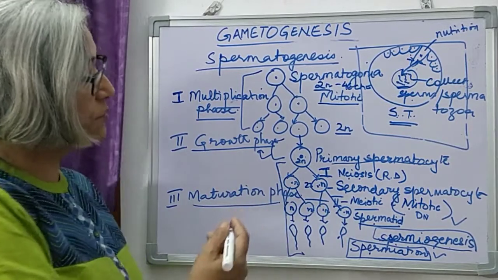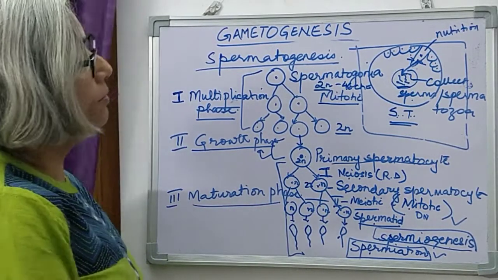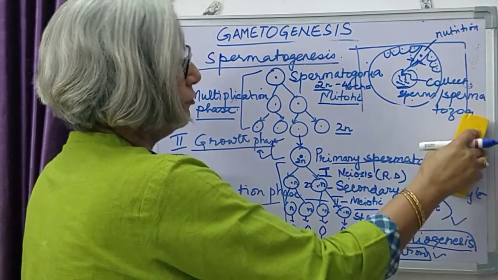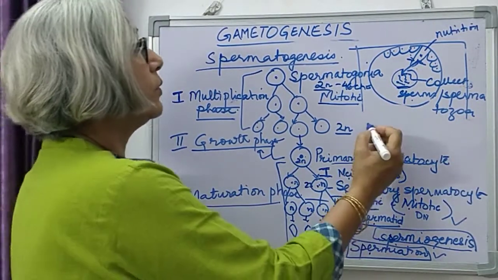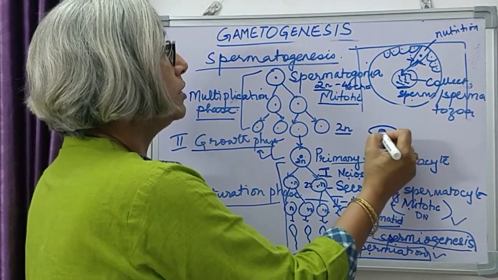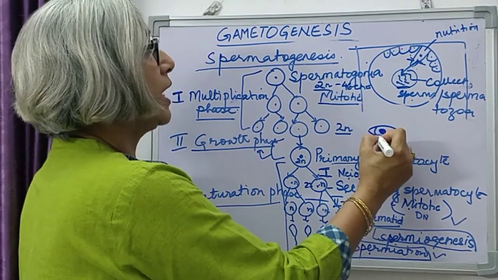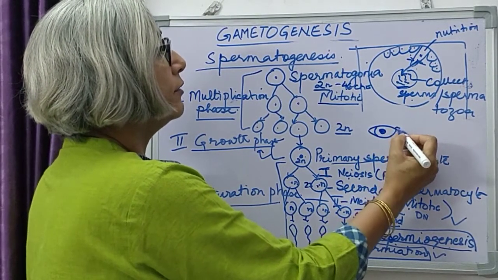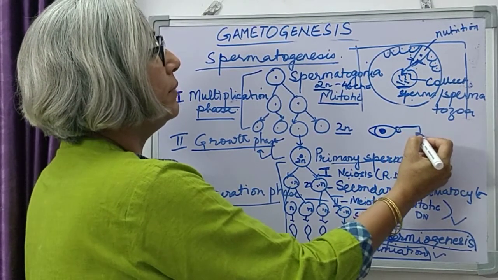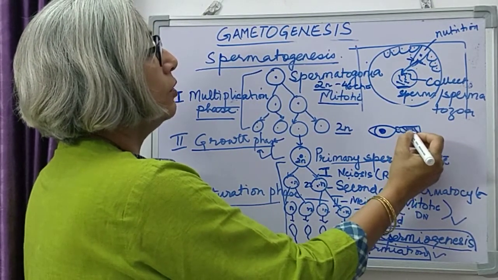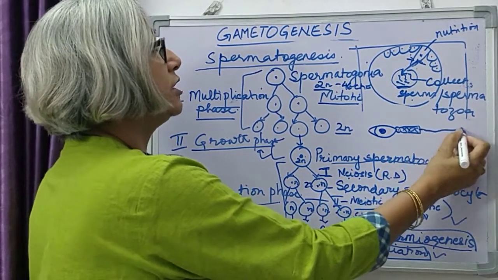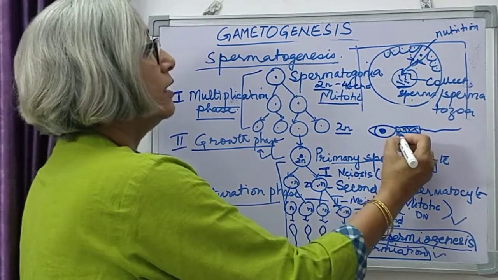And the structure of the sperm we have already discussed, but if you have not studied, we will quickly revise. It has a spoon-shaped head with a large condensed nucleus. The tip is acrosome. Then we have a neck having a pair of centrioles, a middle piece having lots of mitochondria arranged spirally, and a flagellated tail.